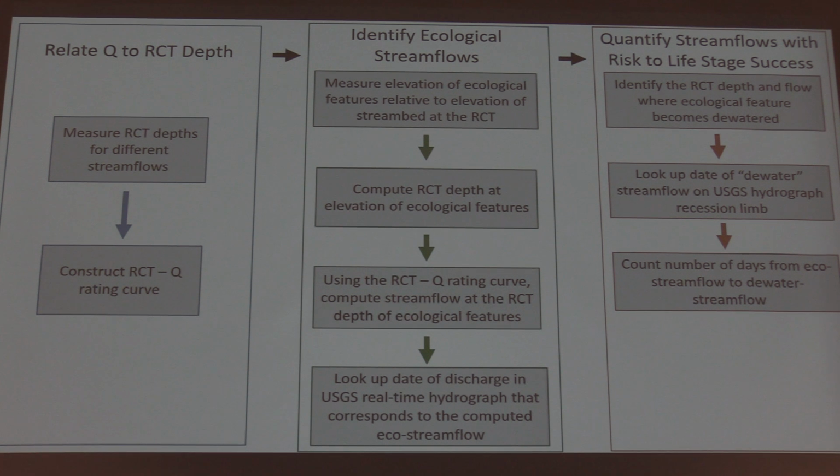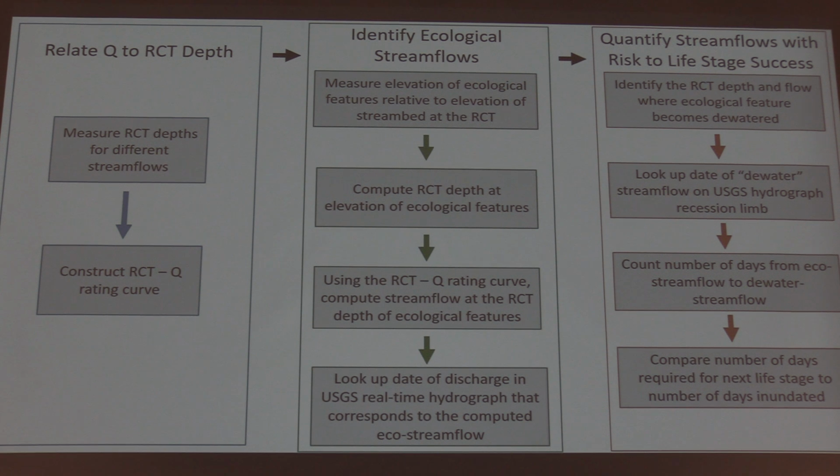And then count the number of days from when that bed was constructed to when that bed becomes at risk of dewatering, and compare that number of days of inundation to the number of days required for egg incubation and hatching.